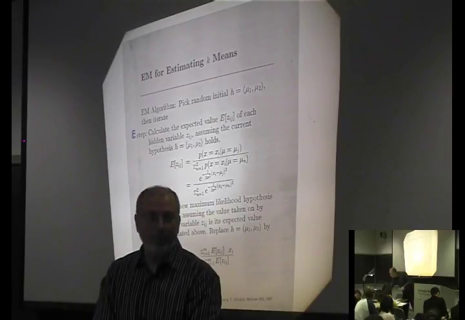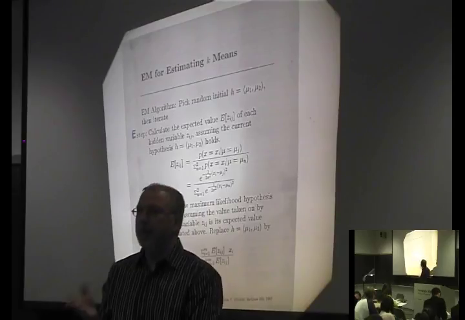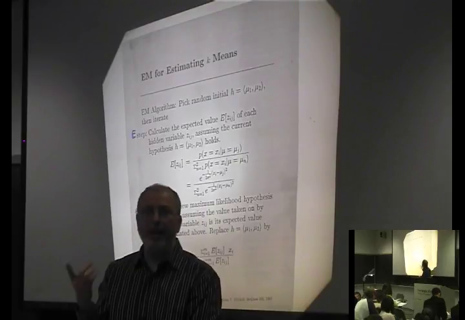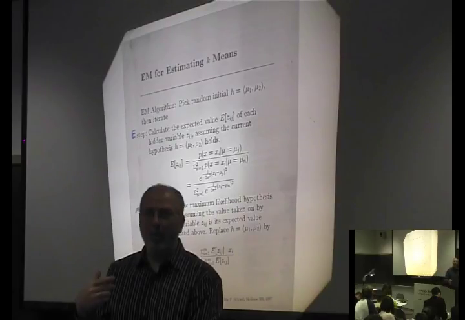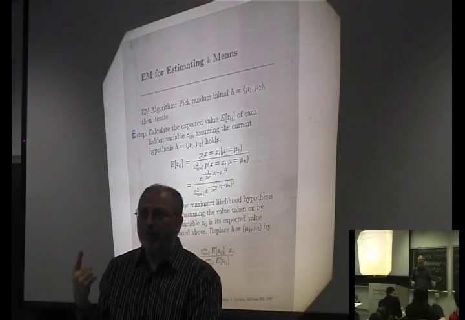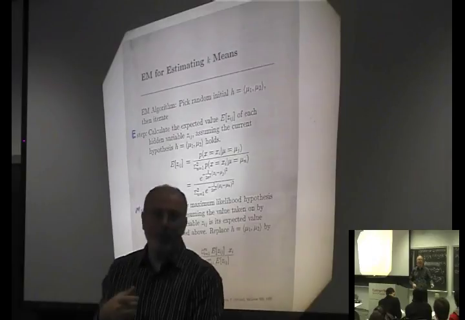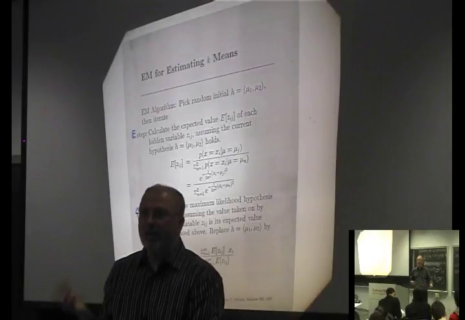So here's the formula for which fraction of Z_ia should go into the jth bucket. In the M step, you take each bucket separately and you estimate a maximum likelihood solution for that bucket, assuming that these fractions are correct. It's called M for maximizing.